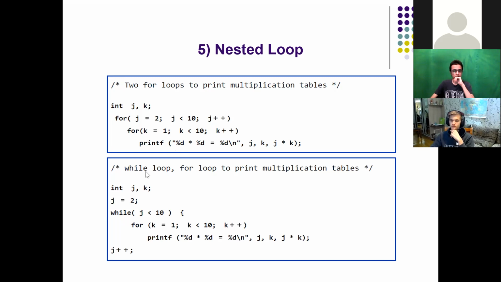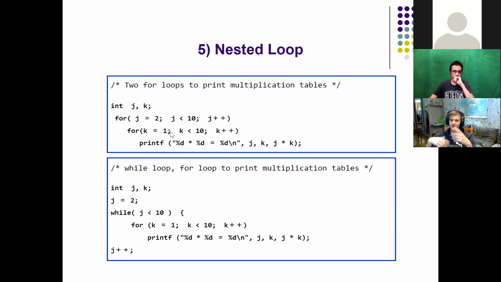Yes, right. But won't it print the first line as 2 times 1, and the second line as 3 times 2? Yeah, it is also possible, because look, it increases the j and the k. It will always be increasing. Oh wait. Yes. When j is equal to 2, the initializer for k will be 1.